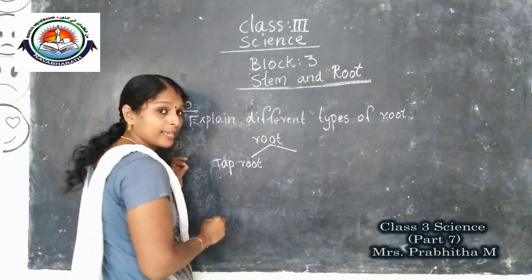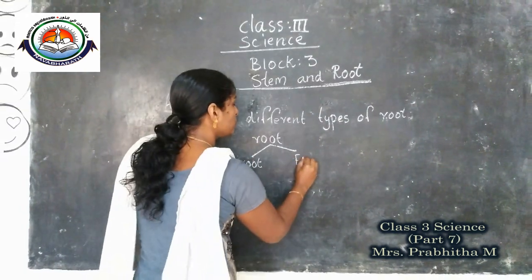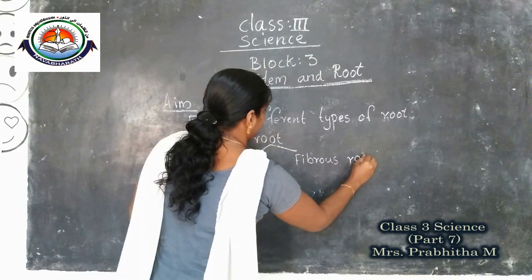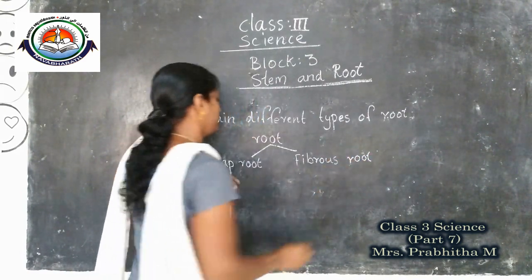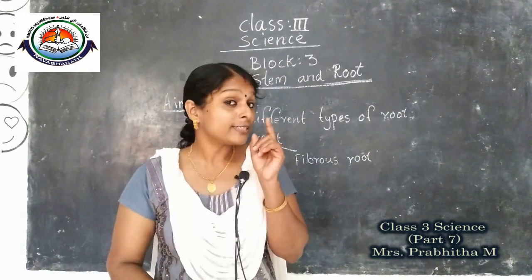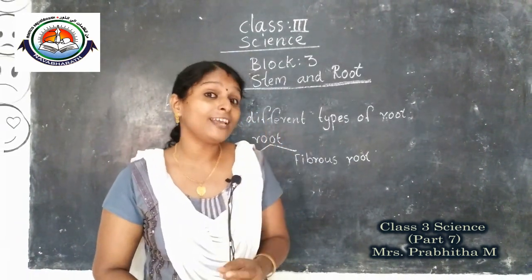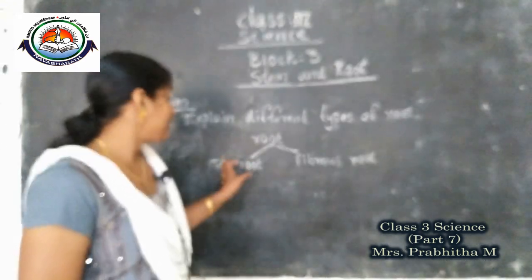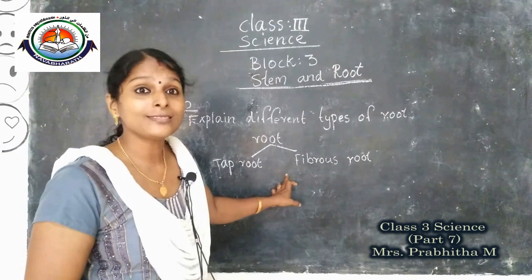Then second one is fibrous root. This part is a little difficult, only a little. So listen carefully, then you can easily understand. So there are two types of root, tap root and fibrous root.